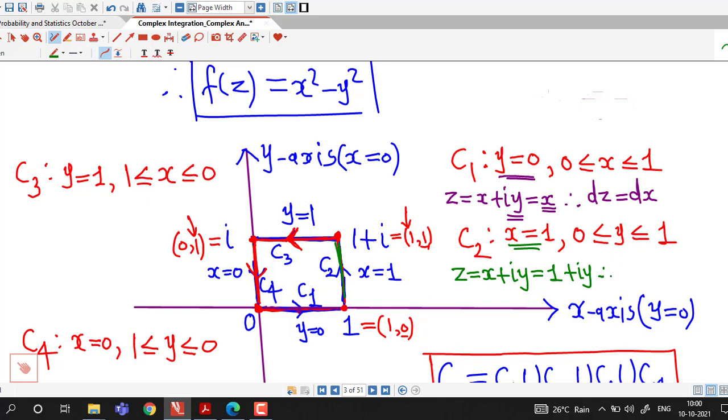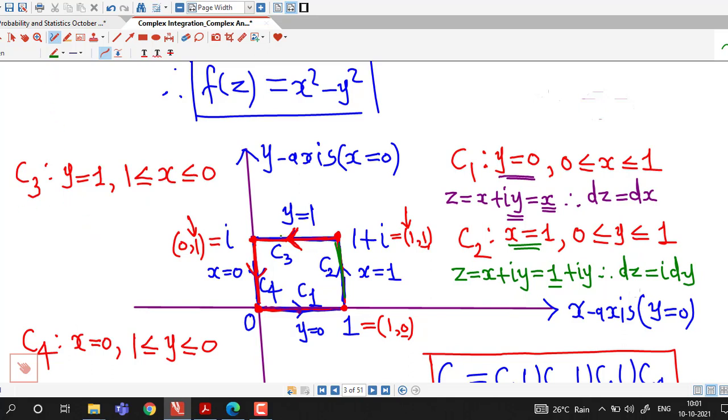So if we differentiate z with respect to y, we have dz by dy equal to the derivative of 1, which is 0, plus i into the derivative of y, which is 1. So along C2 dz will be equal to i times dy. So here I write directly dz equal to i times dy along C2. So we have to take care of all these little things.